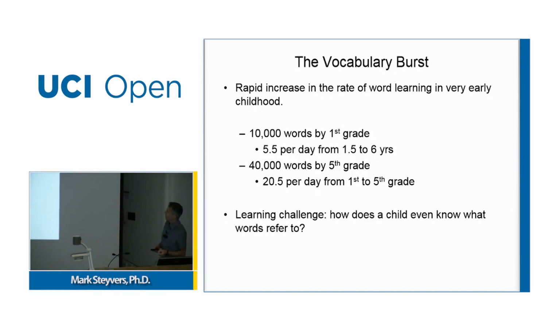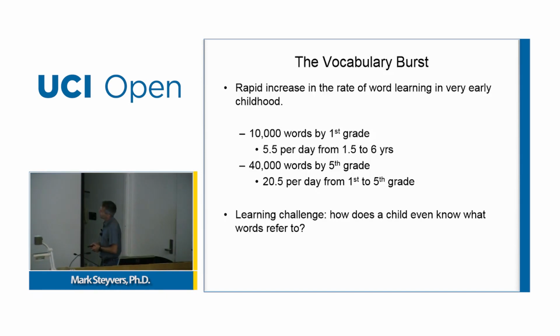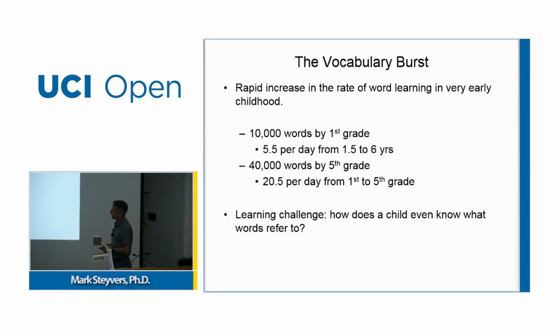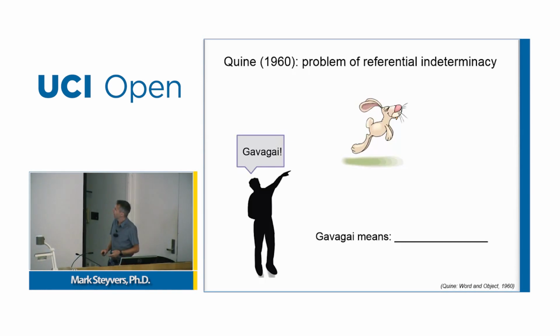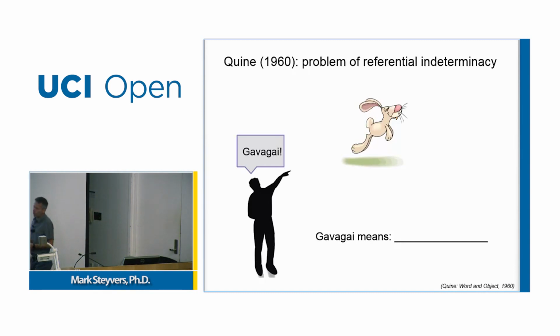One key challenge during this whole process of learning words is understanding what words are referring to. What is the meaning of words? Some philosophers have thought about this, and they came up with some interesting puzzles. Quine wrote about the problem of referential indeterminacy.